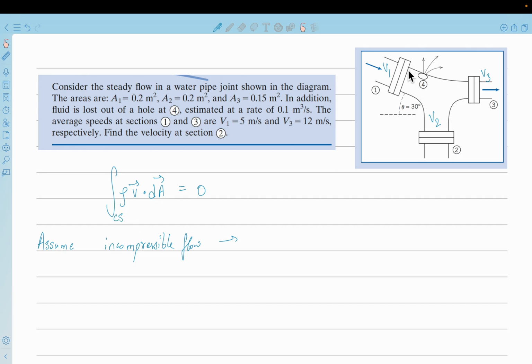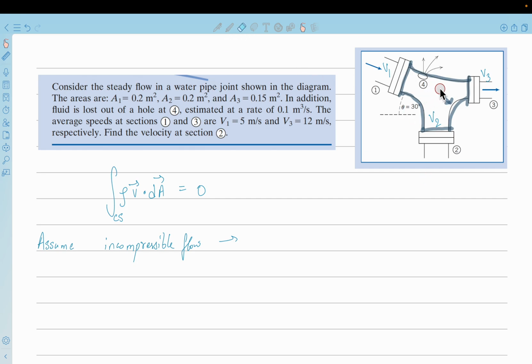So what are my surfaces? Let us first draw our control volume. I am going to consider this; these are my borders of the control volume. Now there is no flow through these curved borders, right? There is no flow over here.